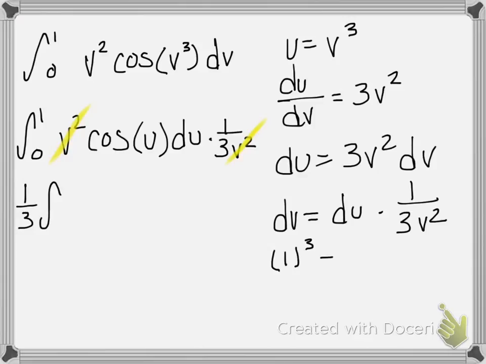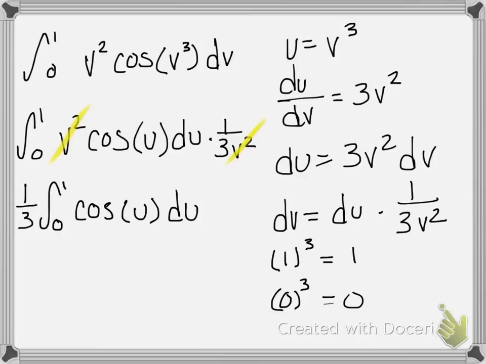So it's 1 cubed, which is just 1. The bottom was 0 that we were integrating over, and whenever you cube that, you get 0. So our interval is going to stay the same, from 0 to 1, of cosine u du.